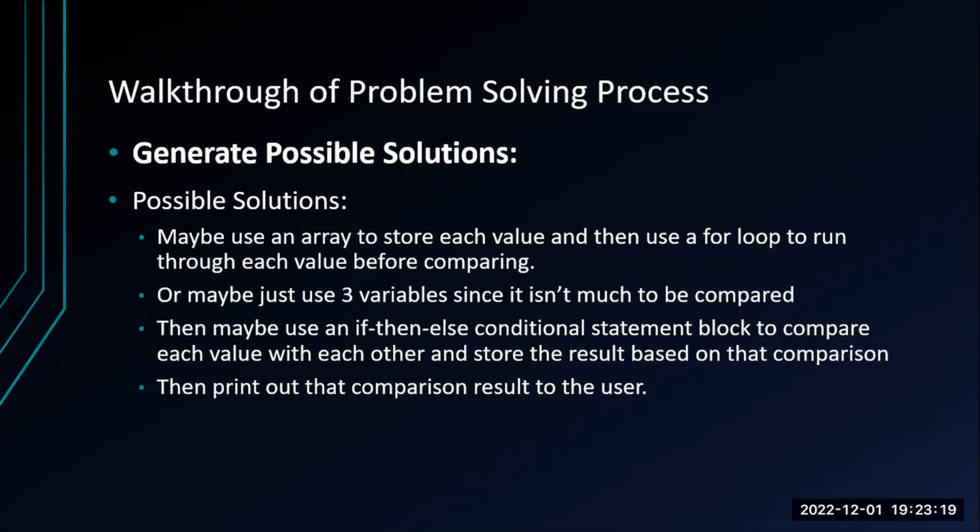Let's say, for example, for this program, there's comparing, storing variables, and printing out. So you can take each part separately and then bring them all together at the end.